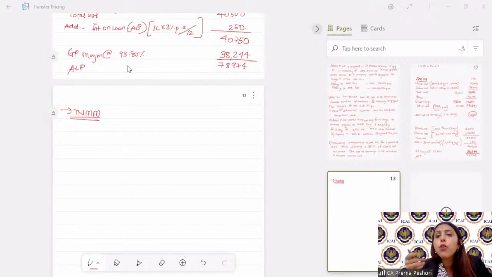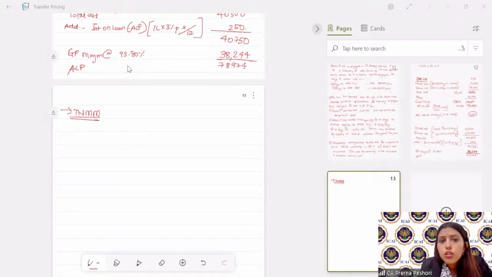So it depends upon the nature of the entity and the transaction, and based on that, the net margin will be taken into consideration. The denominator could be cost, sales, or assets employed. So the base will change according to the nature of the entity.